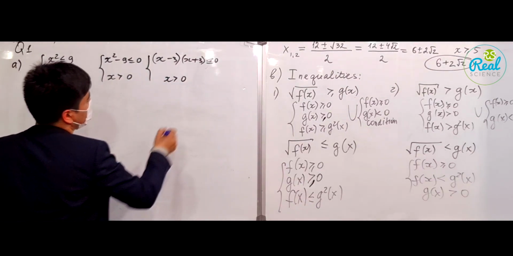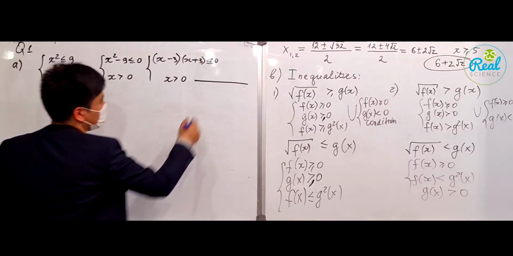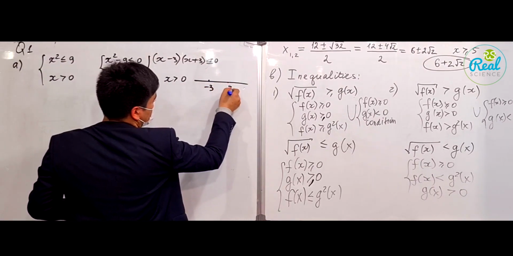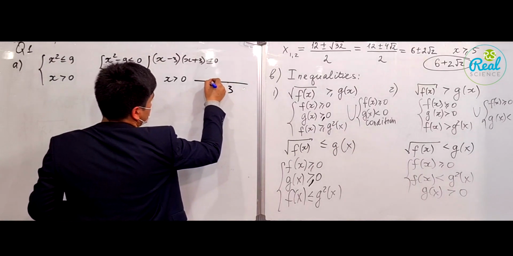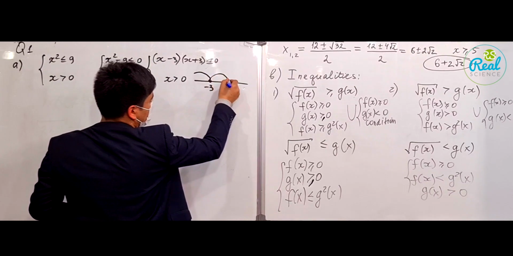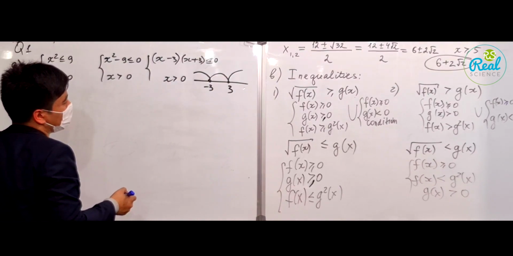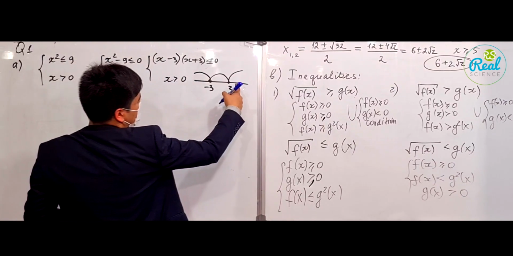Now students will put these numbers on the number line, yeah? Minus 3 and 3. There is a dash. They're shaded. And we have to put some numbers from the regions to find the signs.